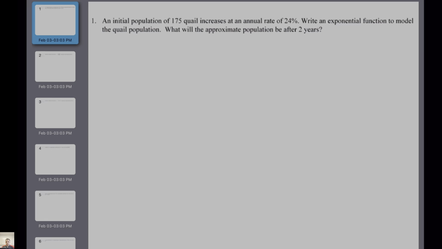The initial population, annual rate of 24%, write an exponential function model for the quail production. So it's A equals our production, which is 175 times 1 plus 0.24 to the second power.